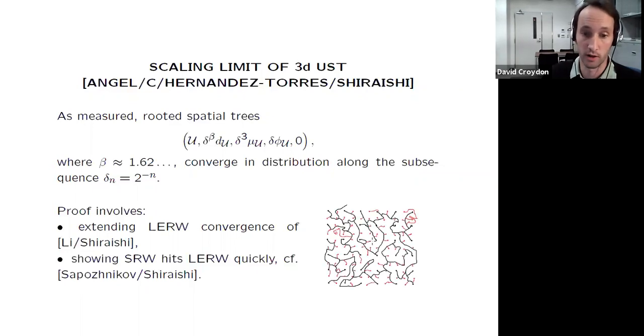The dimension is just big enough that we do hit it quickly. So the proof is pretty similar, but this is an extra technical headache, because we have to remember much more about what parts of the tree we've already seen when we look into the future part of the construction. It's a bit more nasty to write down all of these events, which was a big part of the problem.